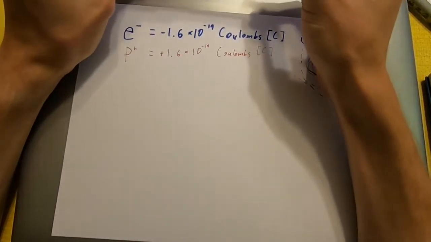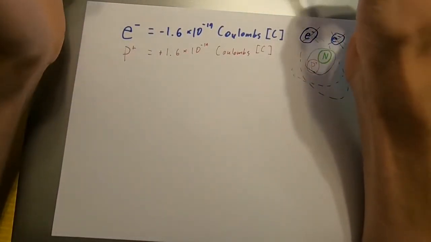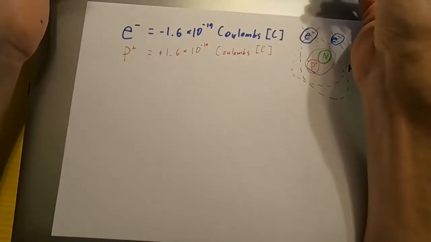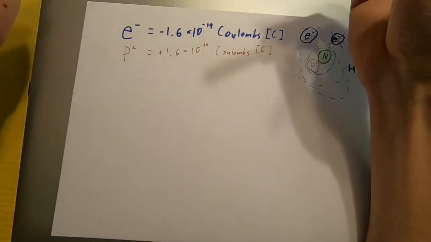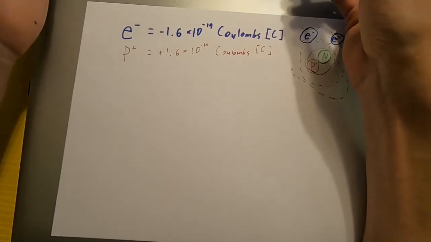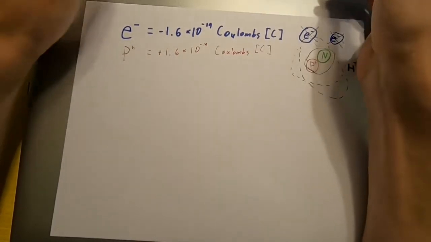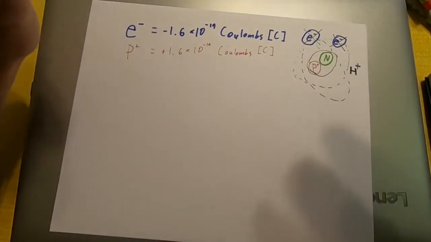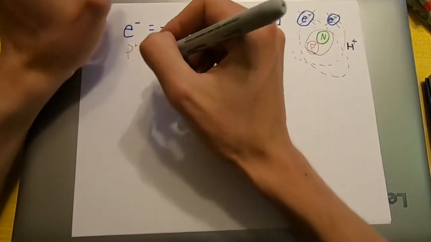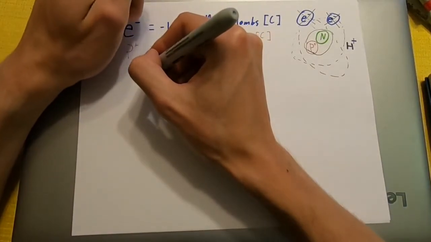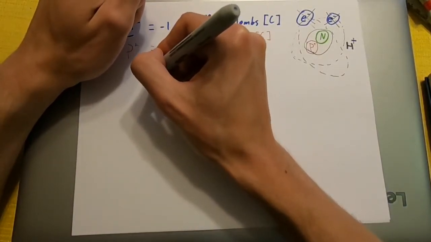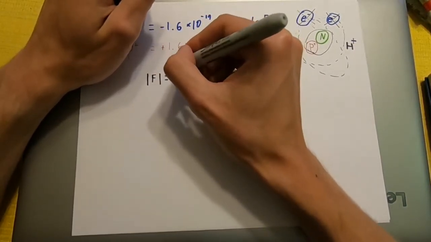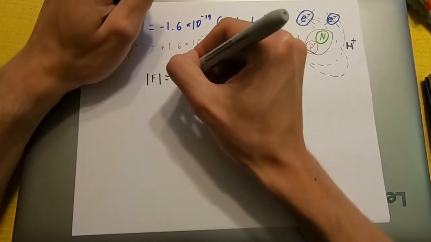Okay, so now that we know what the basic fundamental charges are, how does that relate to electricity? One of the fundamental laws about electricity is Coulomb's law, that states that the magnitude of the force between any two charges, so we're going to take direction out of the equation, is equal to Coulomb's constant.